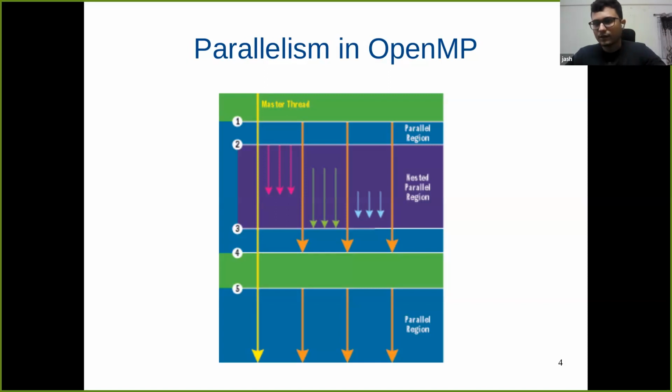We'll see that we have runtime routines to get the thread ID of a particular thread. And using that thread ID, you can say that this thread should perform this task only, and so on. So you can have that level of control, but I don't think we can have scheduling level control on these threads that are spawned.